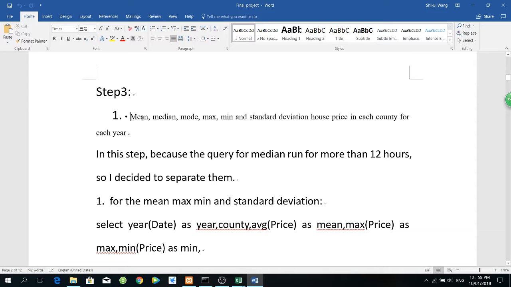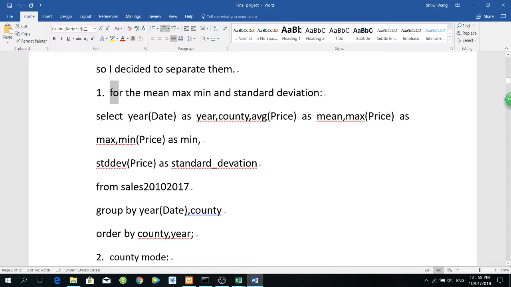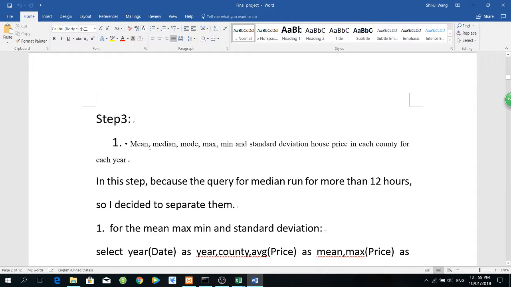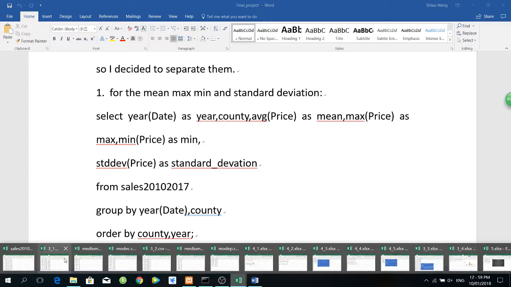these two into another file. First is the query from here to here, for the mean, mode, max, minimum, and standard deviation, which you can just use a function of this SQL command for.